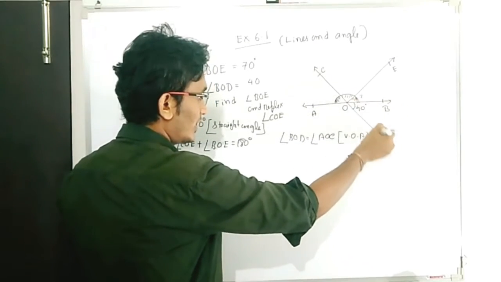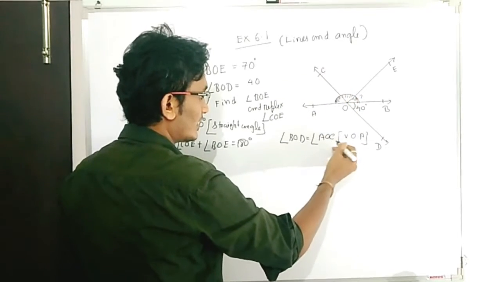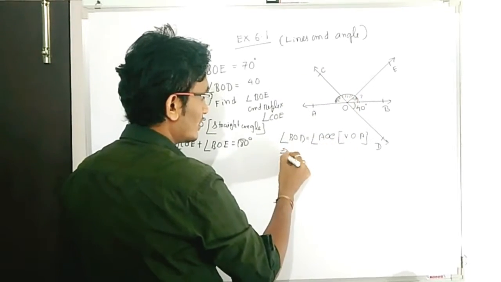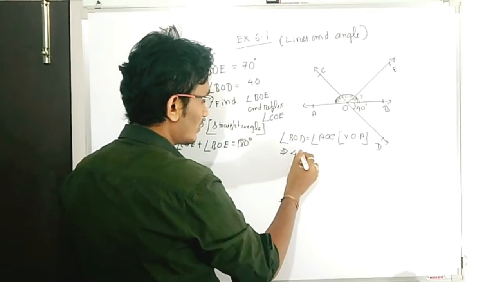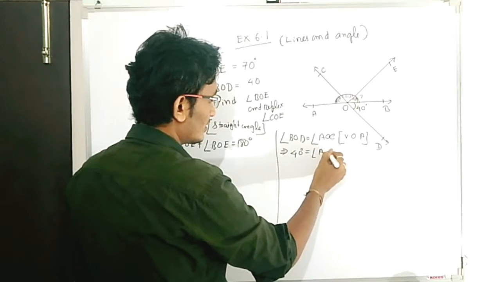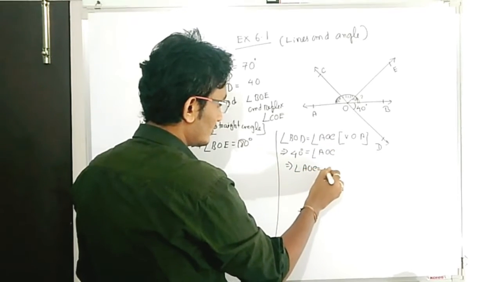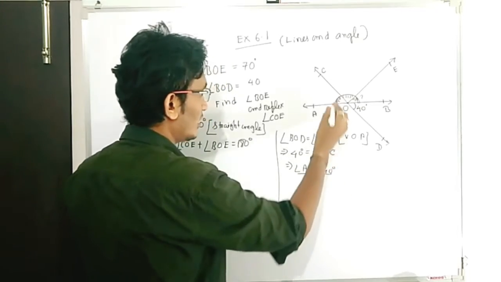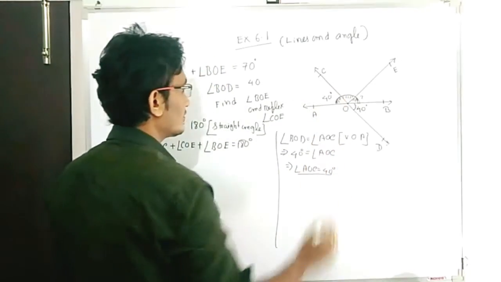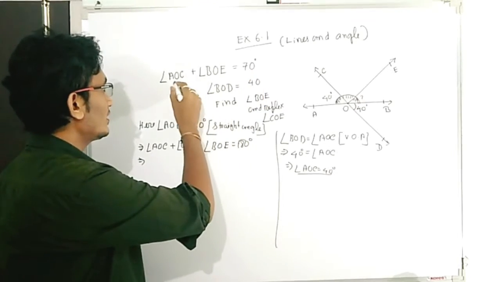So BOD is equal to AOC, vertically opposite angles. BOD is given as 40 degrees. So from here we can write AOC is also 40 degrees.